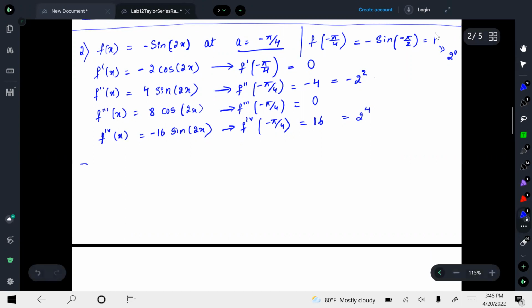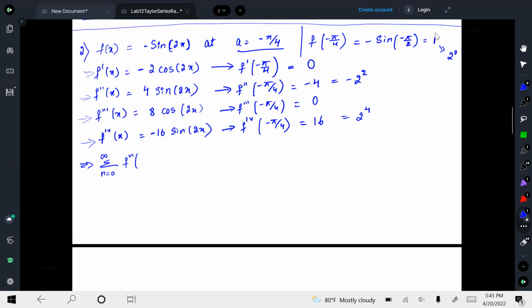Now, use the summation formula, Taylor series formula, sum from 0 to infinity of f n. Now, I did not find the nth derivative because the given function is trigonometric. So if you find the derivative, it just keeps on alternating between sine and cos.